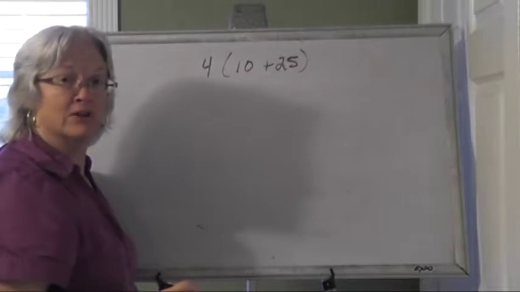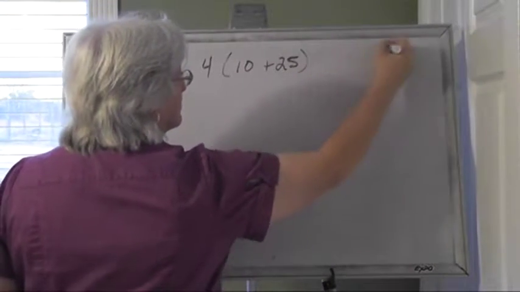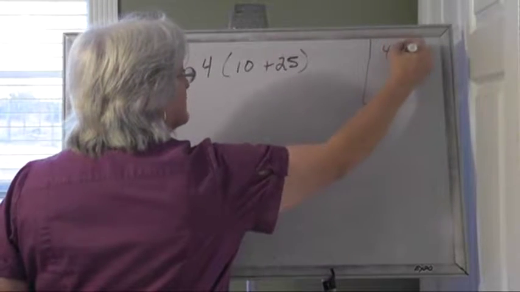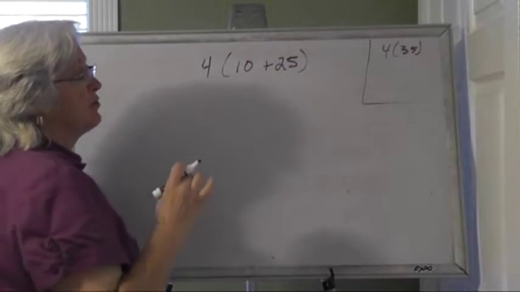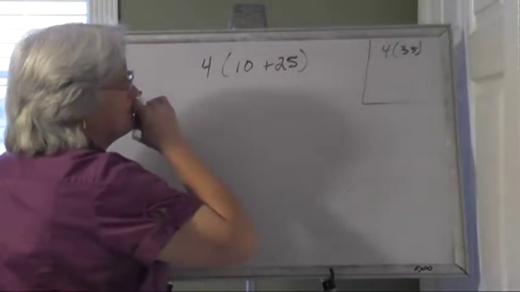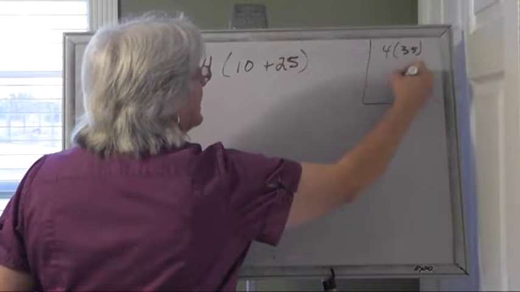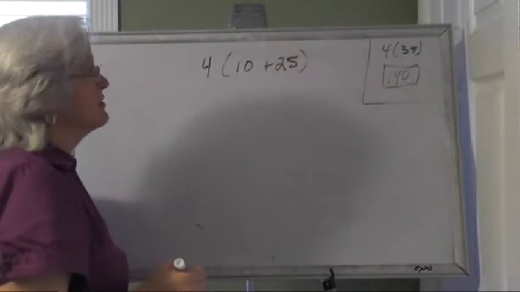Using order of operations, you would add inside the parentheses, and I'm going to just bring this over here. We would have 4 times 35, and then you would say 4 times 35, 4 times 3 is 120, 140. However you would go through it, you would end up with 140 as your answer.